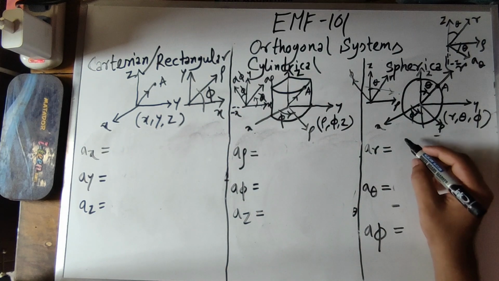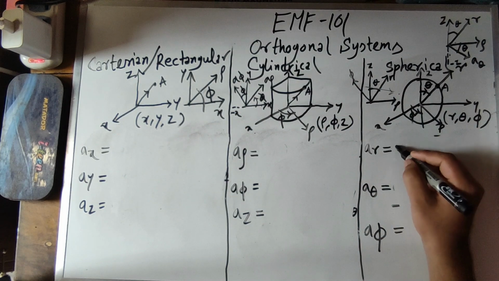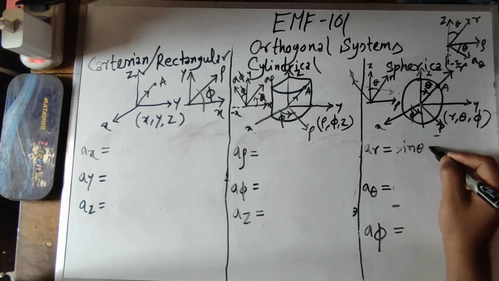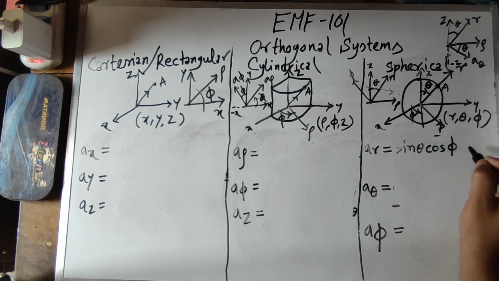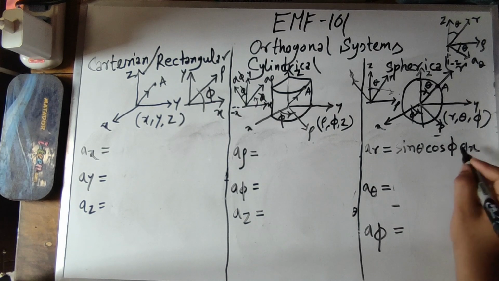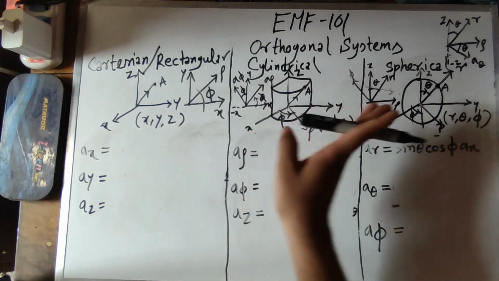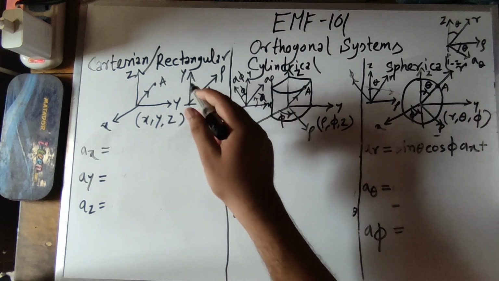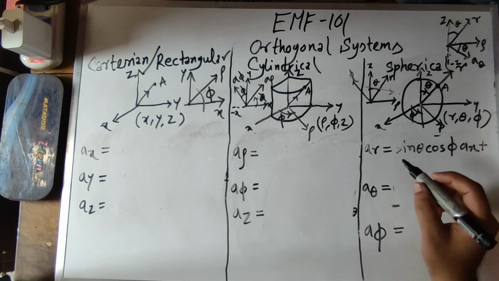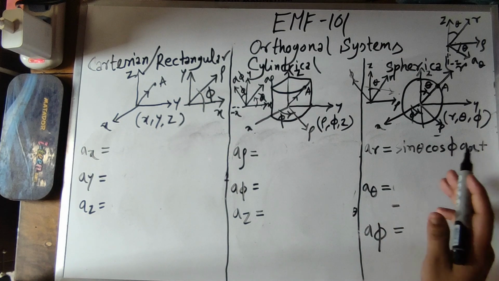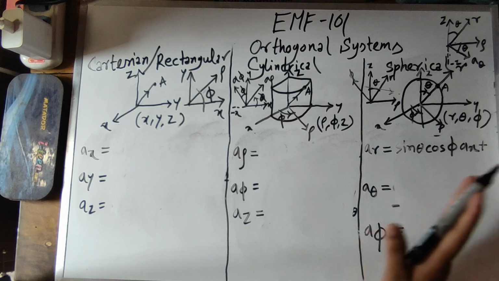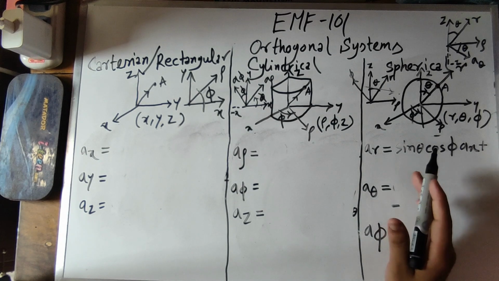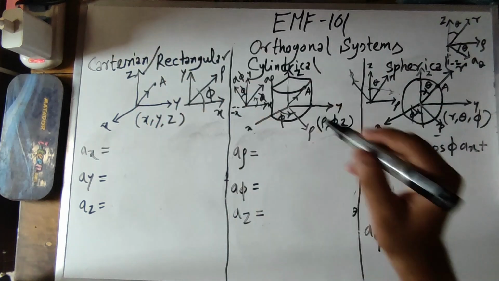So ar has a sine theta cos phi component with ax in the x direction, plus r has a sine theta component and rho has a sine phi component. So ar has a sine theta sine phi component with unit vector ay in the direction of y.